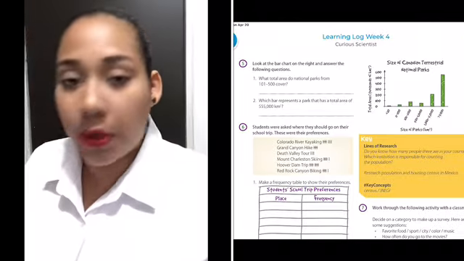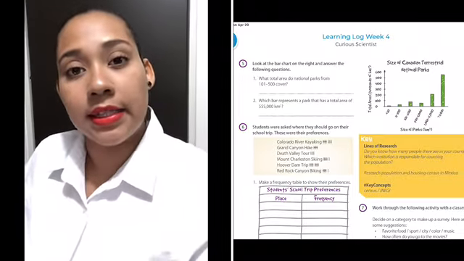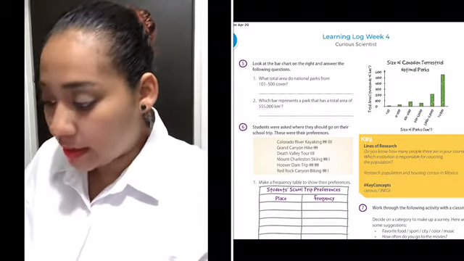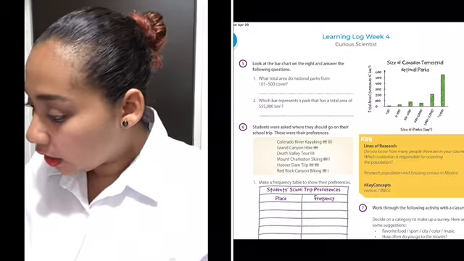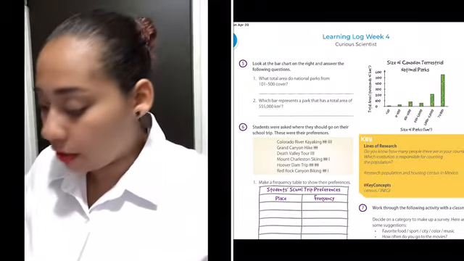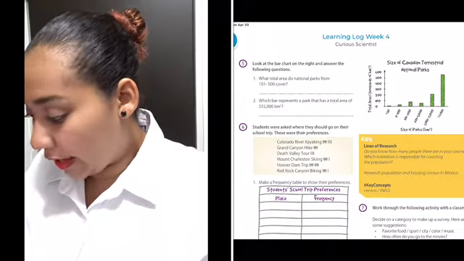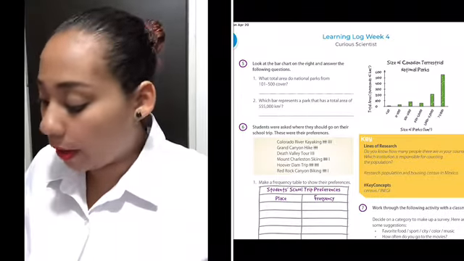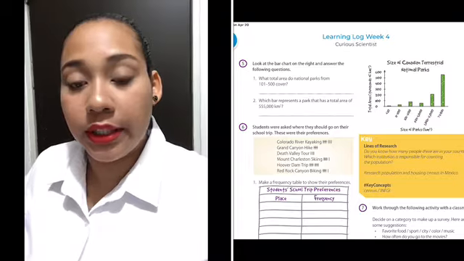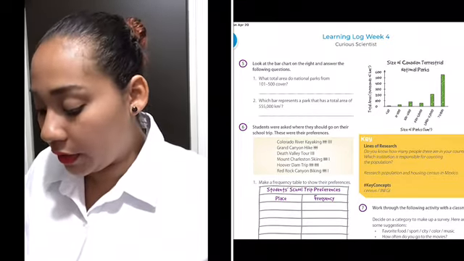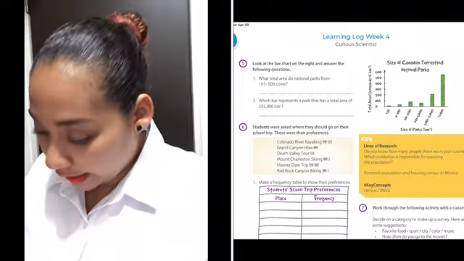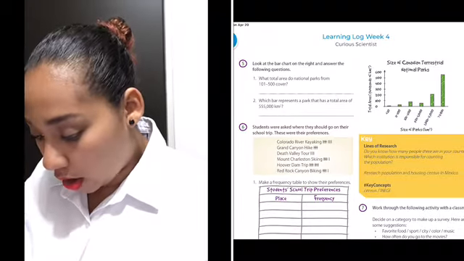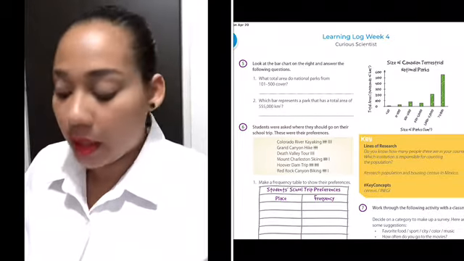If you see, this bar chart is simple. It has green bars, and here they're talking about the size of the Canadian terrestrial national parks, and at the bottom they have the size of the parks. They use kilometers squared, and to the right of the bar chart they have the total area, depending on the kilometers squared.